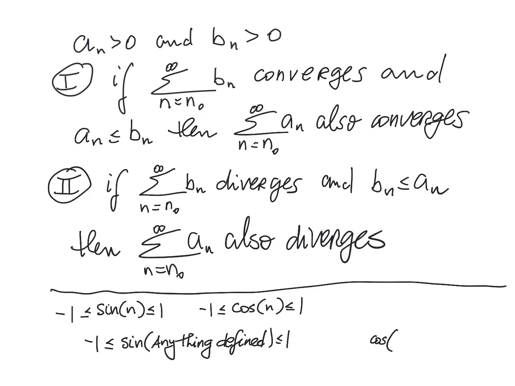And similarly for cosine of anything defined, it's less than or equal to 1 and greater than or equal to -1.